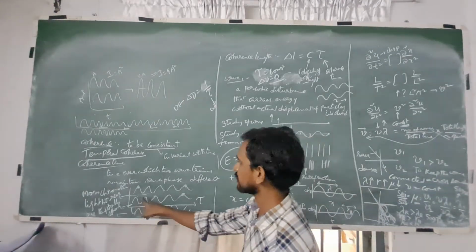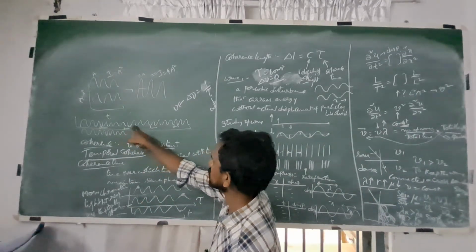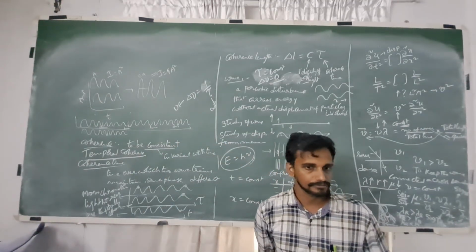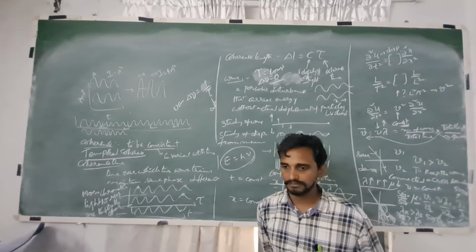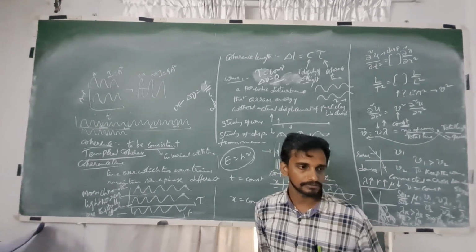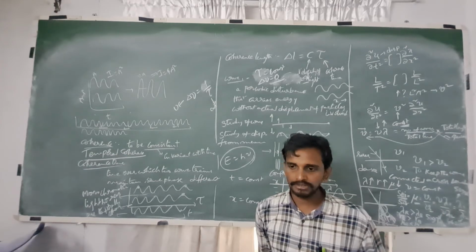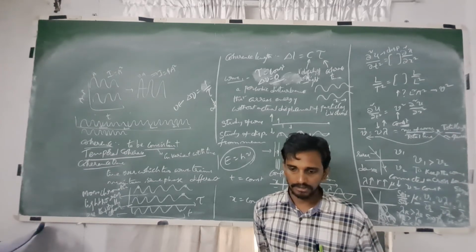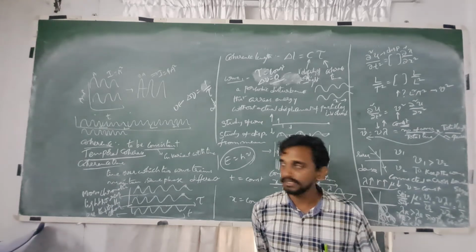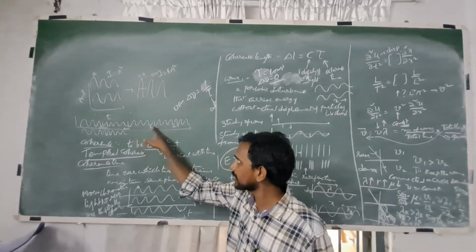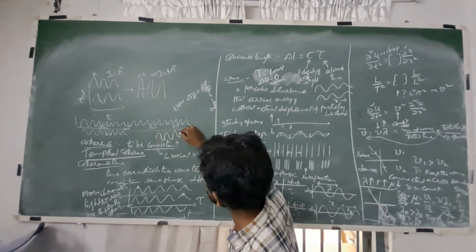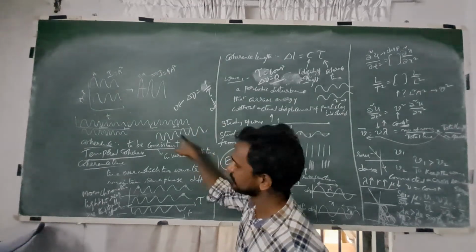For monochromatic light sources, the waves are well connected, wave packets are well connected. The only condition is that frequency should remain constant, delta nu must be 0. In that case, all wave packets are perfectly connected. If one wave packet ends here, the next wave starts from that point.